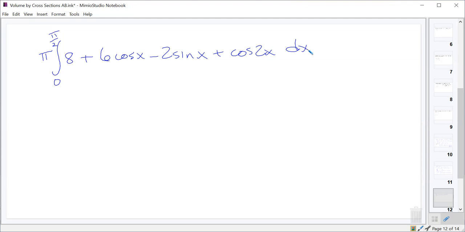So from there, we should be able to integrate all of that fairly easily. This should become pi times 8x. And the integral of 6 cosine x is 6 sine x. The integral of -2 sine x is +2 cosine x. And then the integral of cosine of 2x, we did that one yesterday with the u-sub, right? What does that come out to be? Should be 1/2 sine 2x.